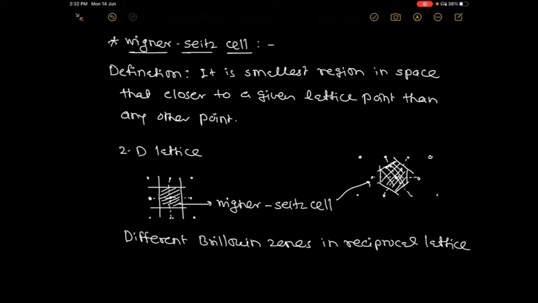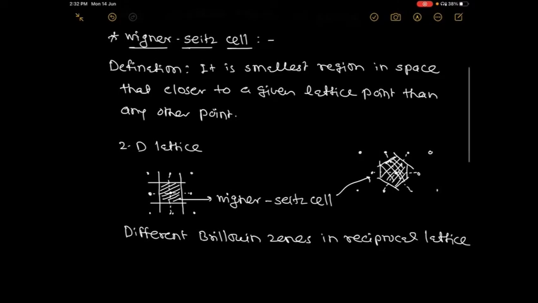Once we construct the Brillouin zones in the reciprocal lattice, these are constructed by using Bragg's plane.